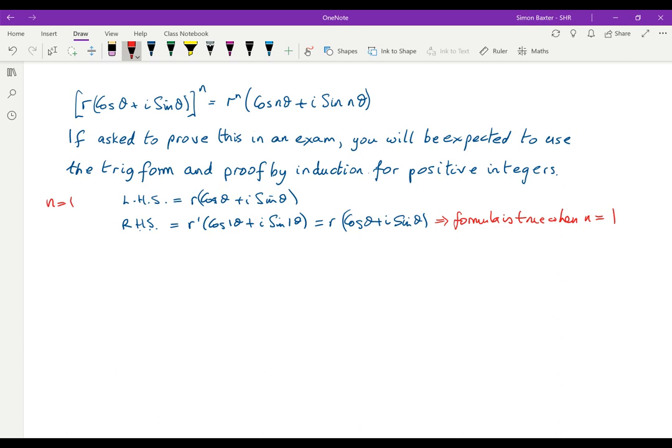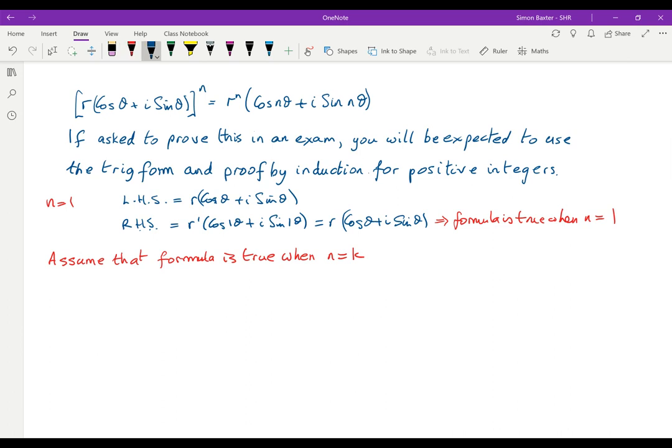Second step in induction, we have to make an assumption. Assume that the formula is true when n equals k.